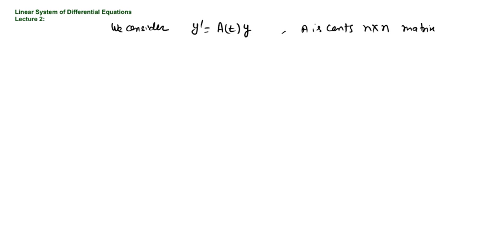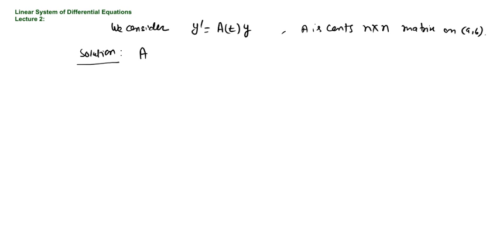So on an interval, let us take the domain a to b. So this is a homogeneous system. So what is a solution?